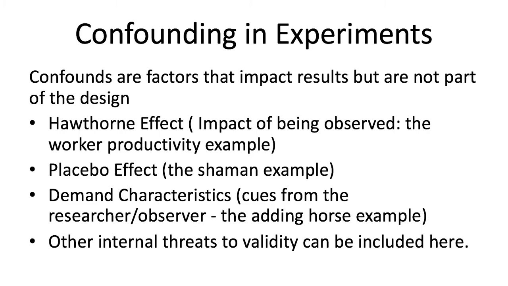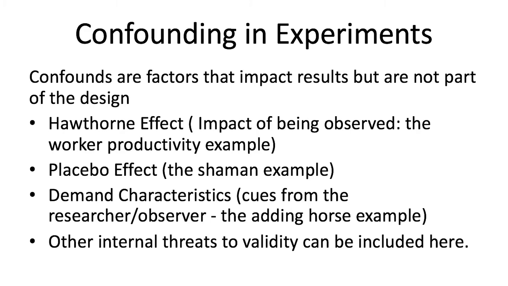Well, of course, that changed the workers' behavior, but it wasn't because of the changes in the policies. Second, we have the placebo effect that we've talked about before, and there's a great Radiolab episode that I'll send a link to that you can listen to. It's very interesting about how shamans have their little tricks, how doctors and hypnosis work, and all sorts of interesting stuff.